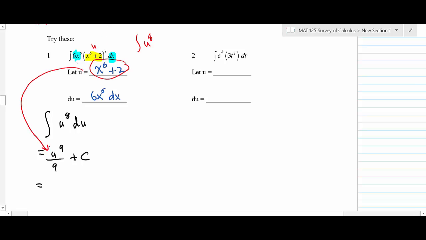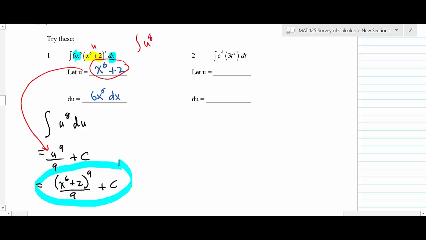Okay, you want your answer to have x's in it, not u's. That's an intermediate variable is what it is. So you would end up having x to the 6th plus 2, all to the 9th, over 9 plus c. Okay, so that is your final answer to the problem. If you do a derivative, it'll take you back to the beginning if you do it right. Okay? You got any questions?